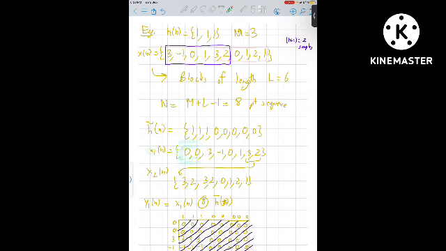So now what do you want to obtain over here? Yeah, y1 of n. So y1 of n is x1 of n, and what is N over here? N is 8. So you can form an 8-point circular convolution with h of n.